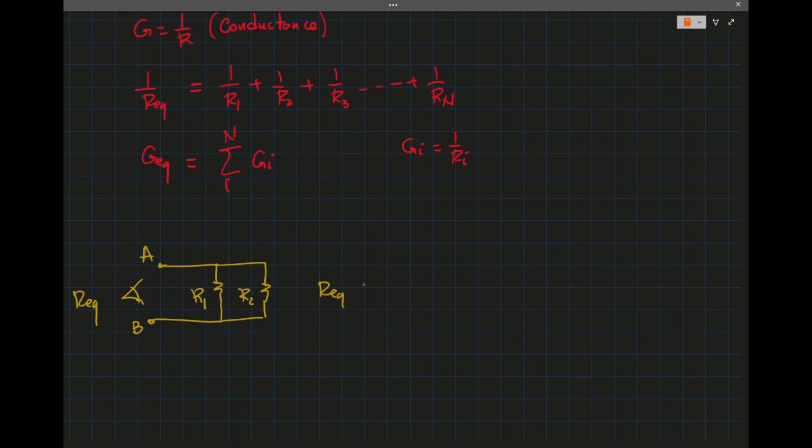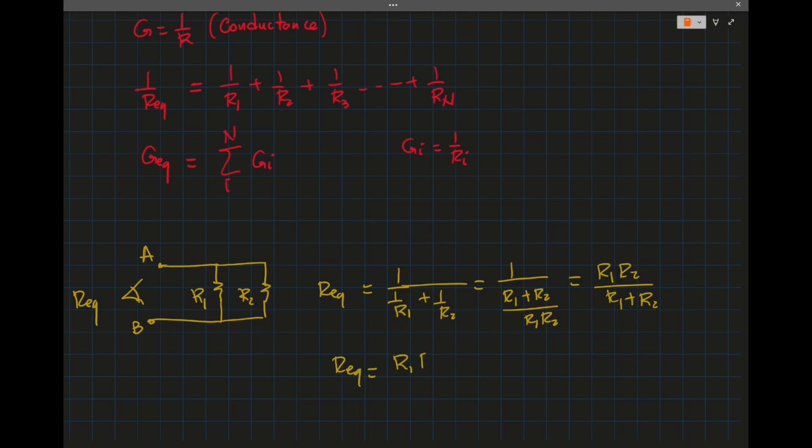R equivalent we know is 1 over R1 plus 1 over R2. So it's 1 over R1 plus R2 over R1 times R2, which is R1 R2 over R1 plus R2. So R equivalent is the product of the resistances, when you have only 2, divided by the sum.